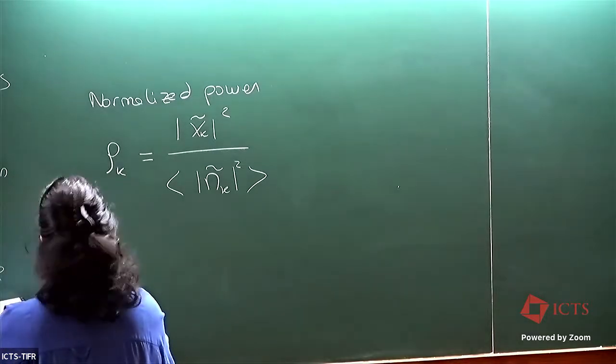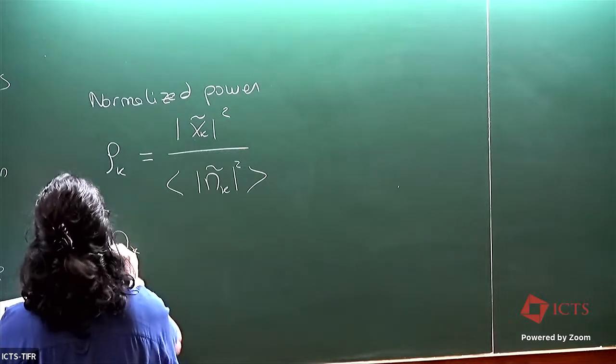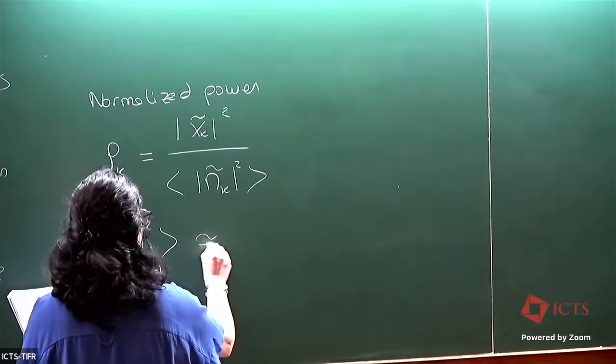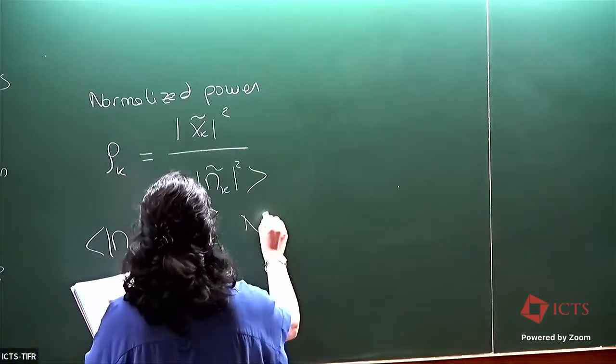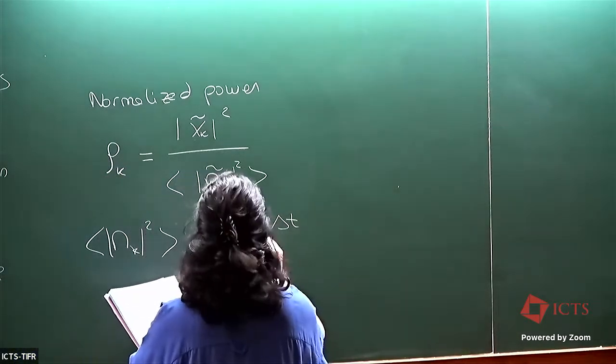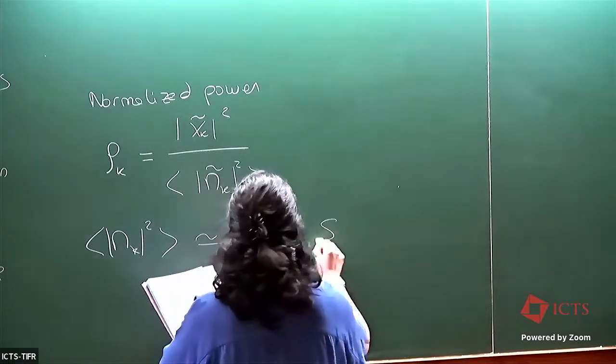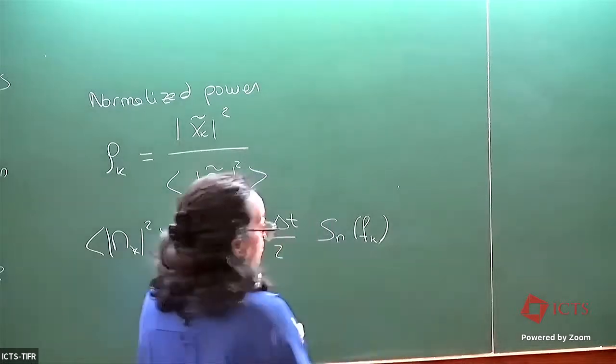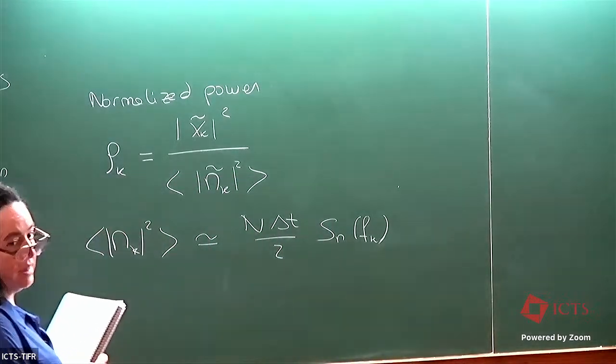This quantity here can be approximated, or can be related to this one-sided power spectral density.